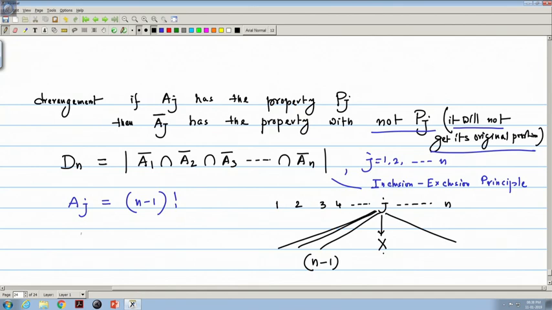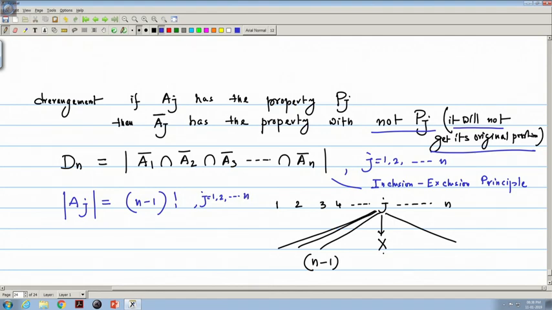So, I can write that the number of permutations for aj is n minus 1 factorial. Now, this is for j equal to, say, 1 to n, that means whichever one I consider first.